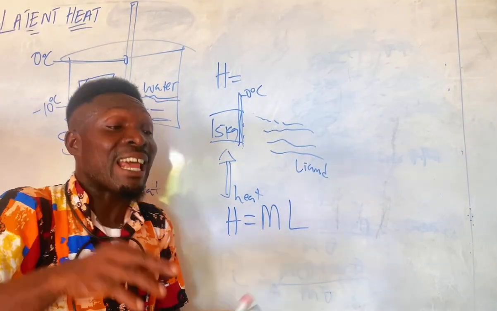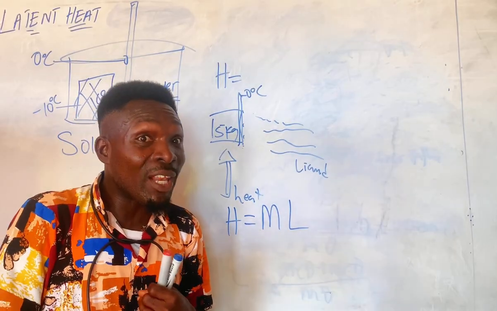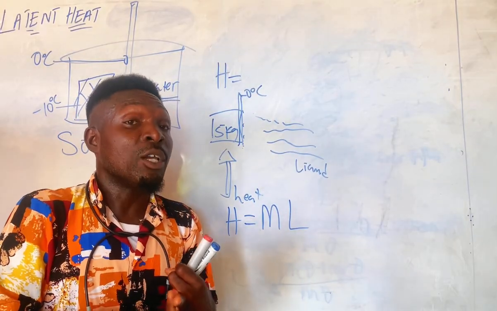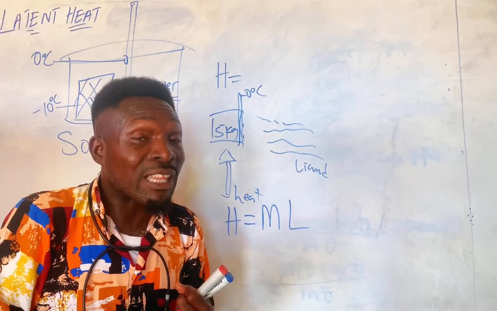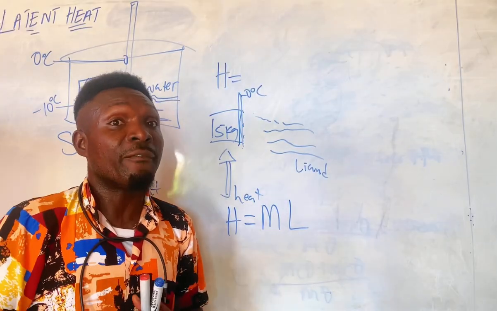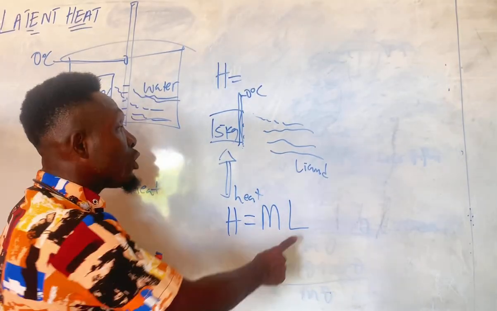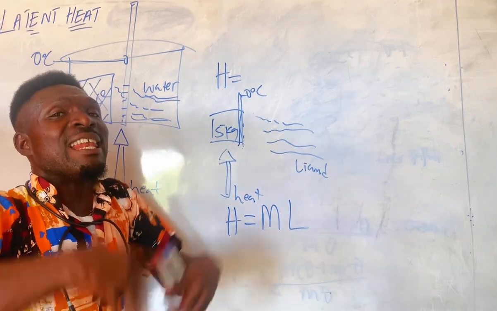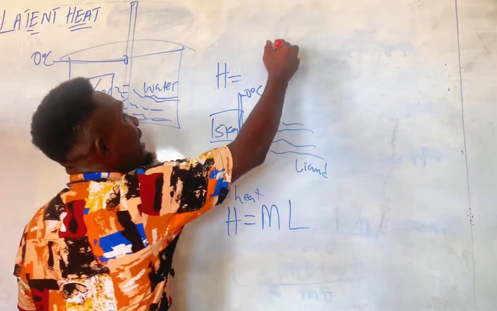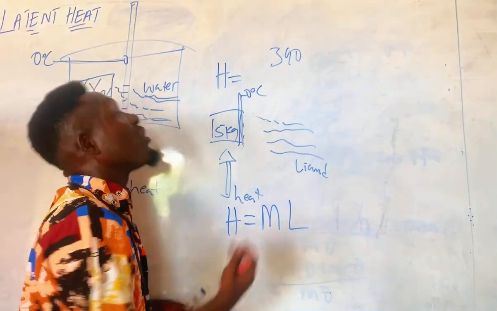Substances like solid ice, water, and water vapor have latent heat of what? Fusion. Now the latent heat of fusion of ice will be given to you. Let's say it is 390. For instance, I like using 3. Okay, let's make it easy.